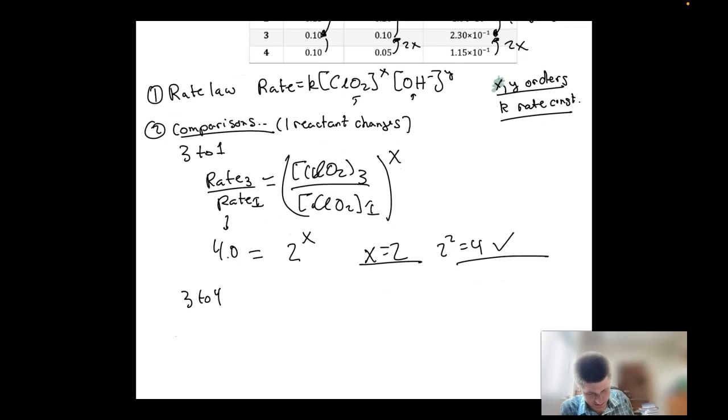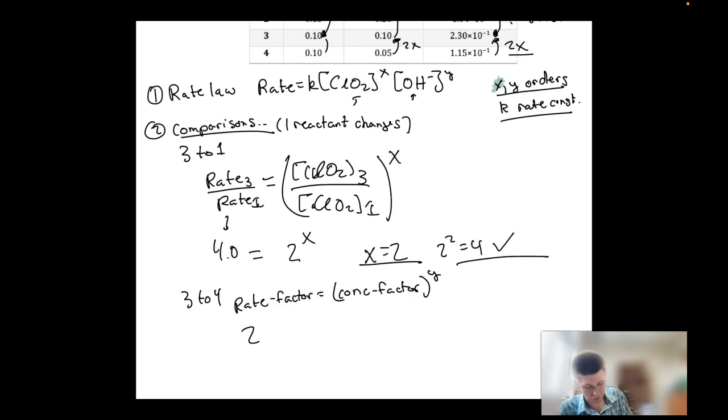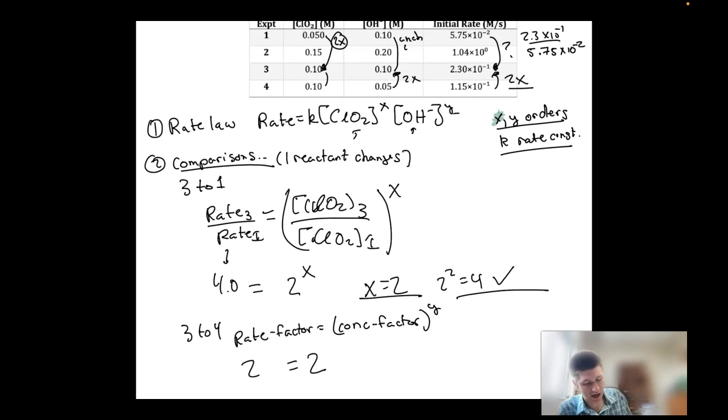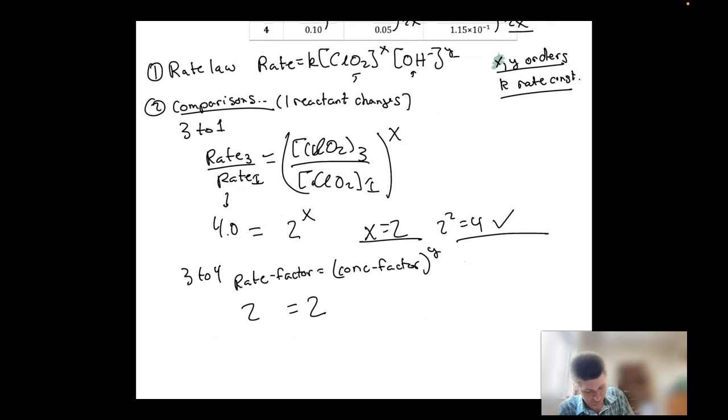So when I do that comparison, I see that the factor by which the rate increased was 2x. So the rate increased by a factor of 2. That's going to be equal to the concentration factor here, which is 2, to the order, in this case y, since this is OH minus that's changing.